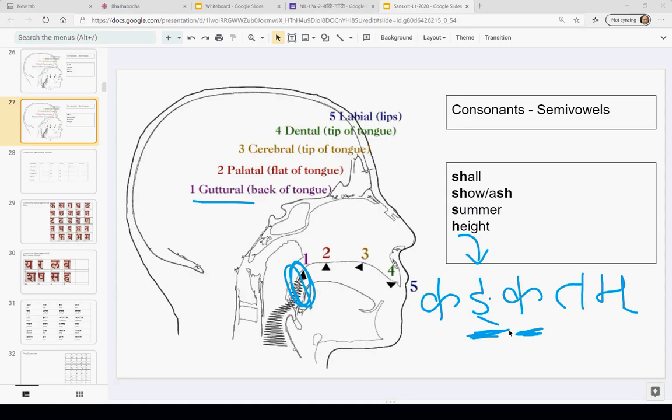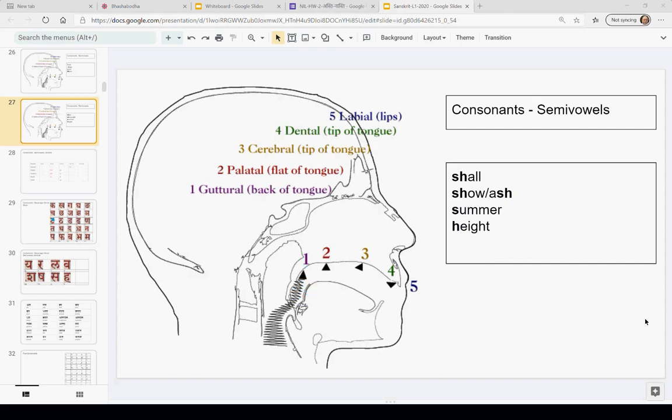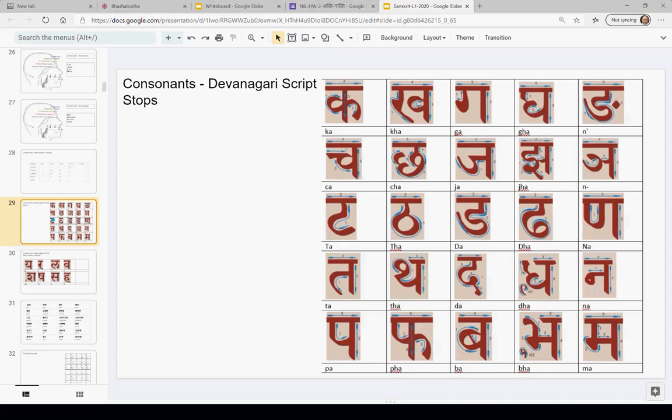It automatically happens. Otherwise, it is not possible to pronounce when a letter of that same group is following it. It naturally changes to the last letter of the same group. The last column there, they are all called anunAsika.